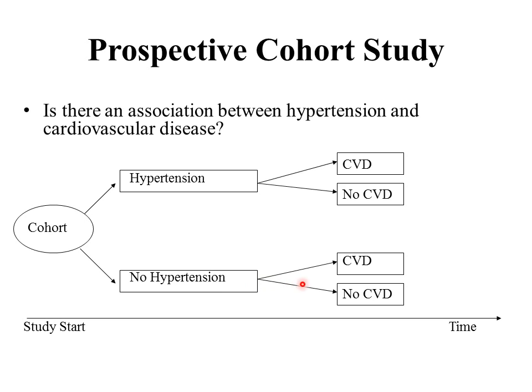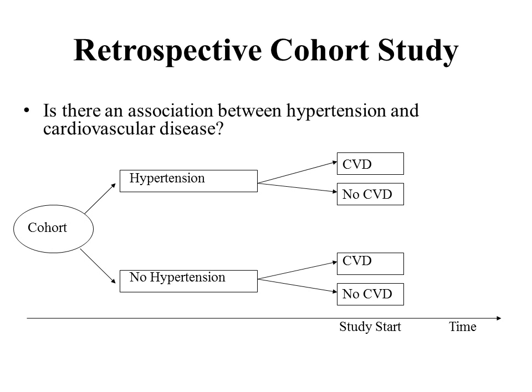As we move to the right, some of these people are going to develop cardiovascular disease and some aren't. Likewise down here, some are going to develop cardiovascular disease and some are not. And so we observe this cohort over time, and then we collect data over here. Maybe we collect data in the middle, and so we collect data over time, and then we analyze that data with appropriate statistical techniques.